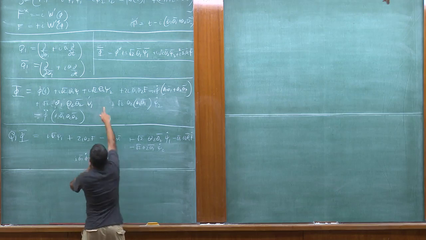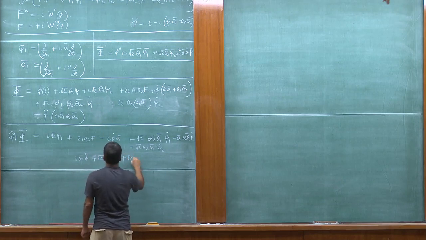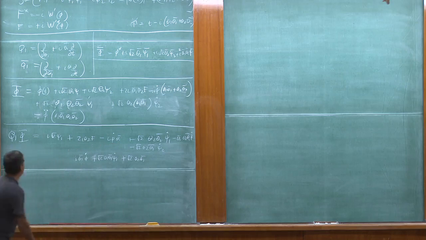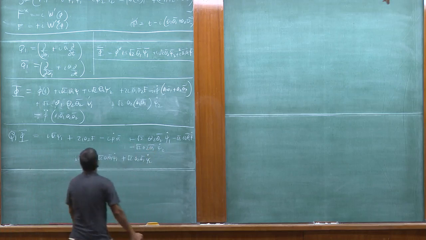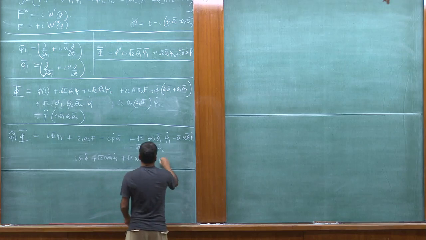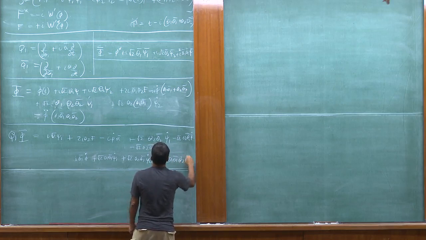Okay, then plus square root 2 theta 1 bar psi 2 dot. Okay, plus two theta 1 bar theta 2 f dot.